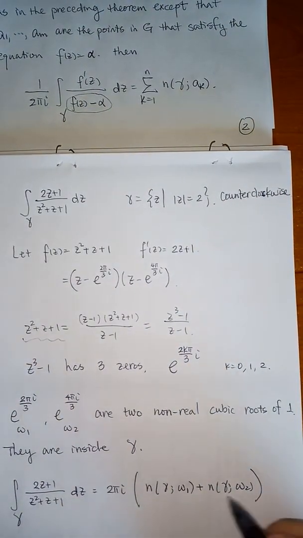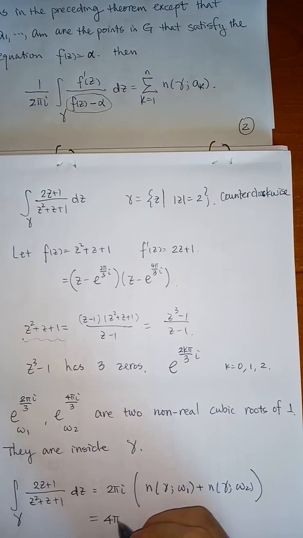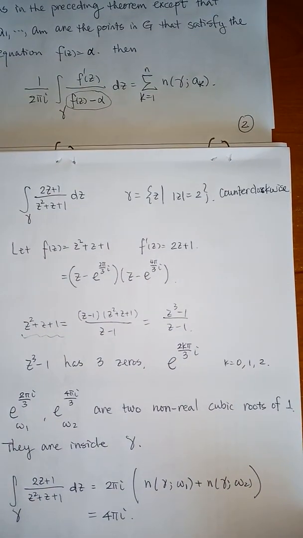Counterclockwise, you have 1 and 1, so it's 4 pi. This is an artificial example, so we just quickly find the answer.